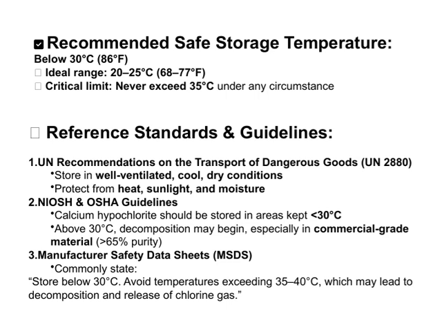The ideal range is actually between 20 and 25 degrees Celsius, or roughly 68 to 77 degrees Fahrenheit. And under no circumstances should the temperature ever exceed 35 degrees Celsius. By following these guidelines, we help ensure the safety of personnel and prevent any hazardous incidents related to storage. Keeping these standards in mind is critical as we manage and handle calcium hypochlorite responsibly.